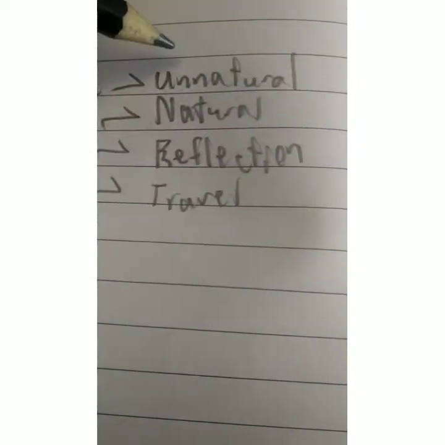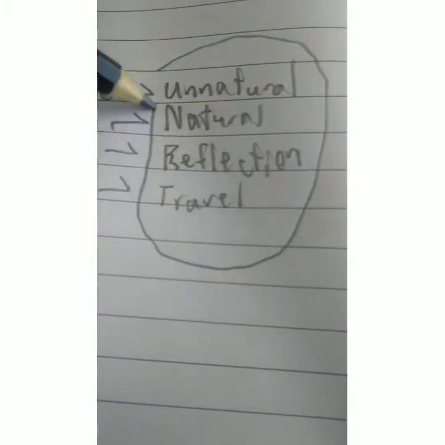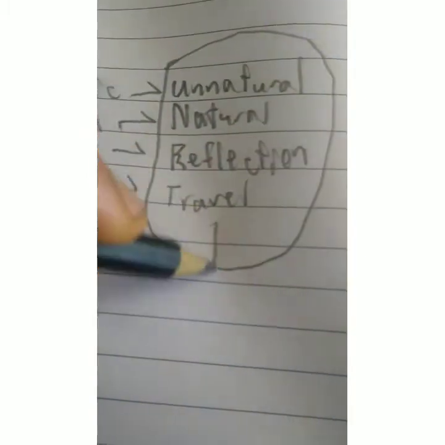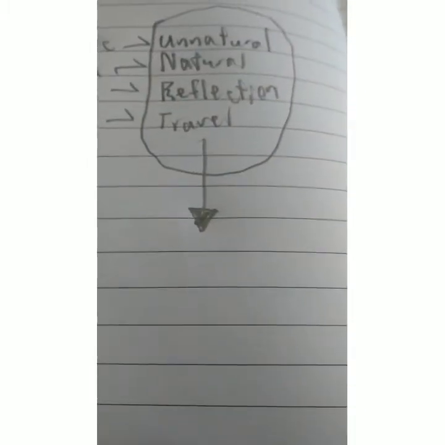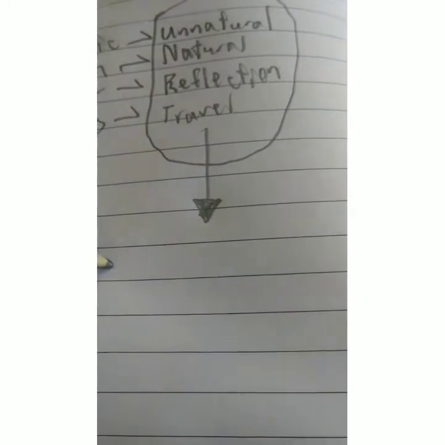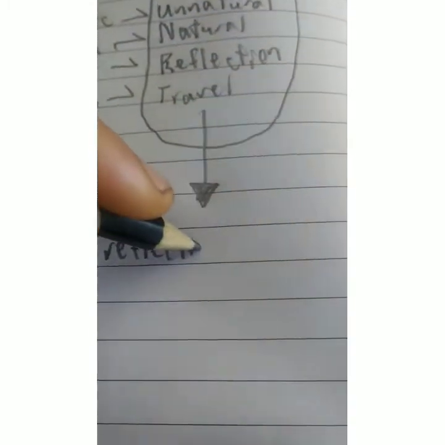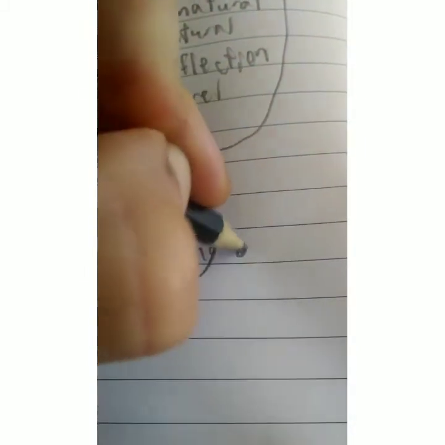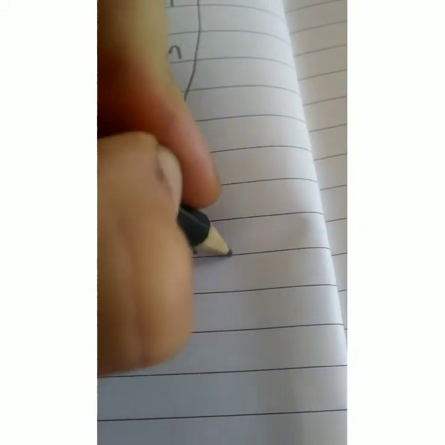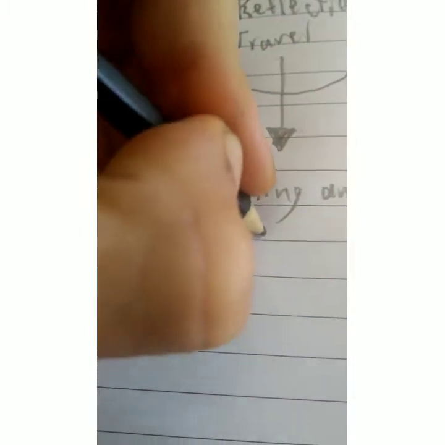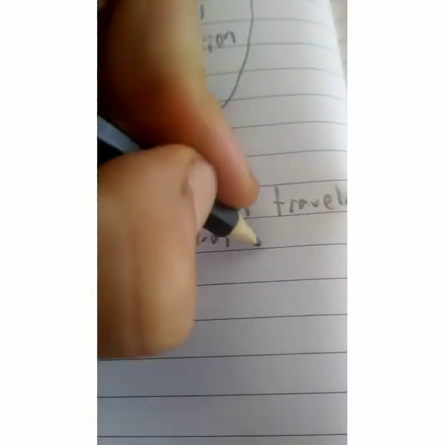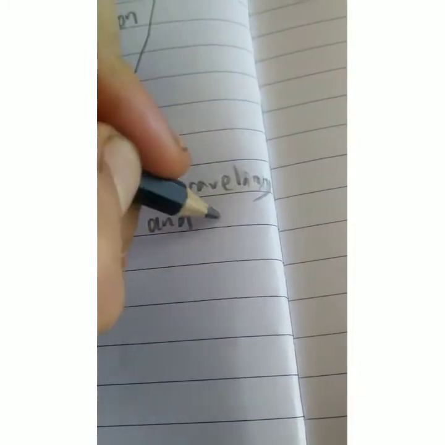So you have your basic sets of meanings, and then you combine them into a new concept, which would be something along the lines of reflecting and traveling the natural and unnatural.